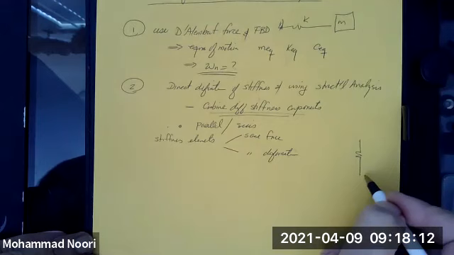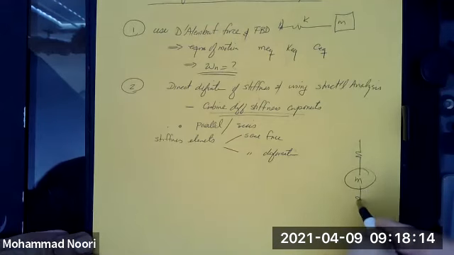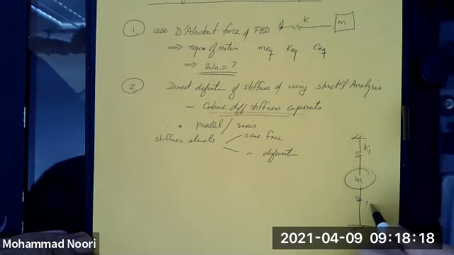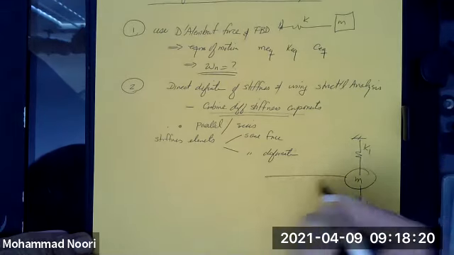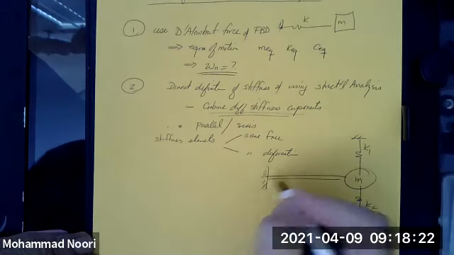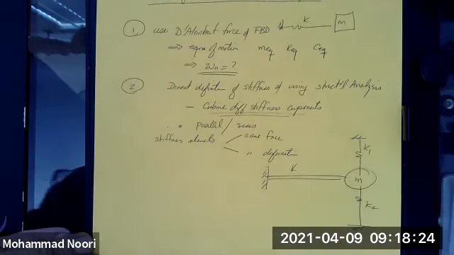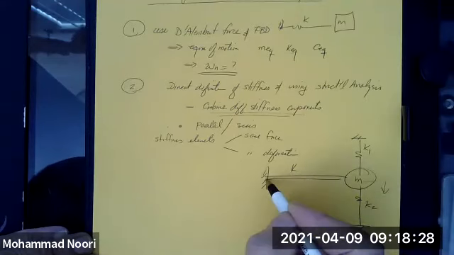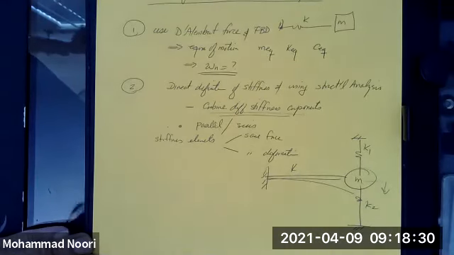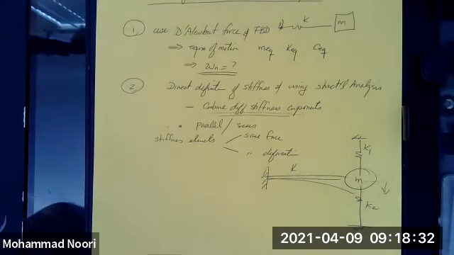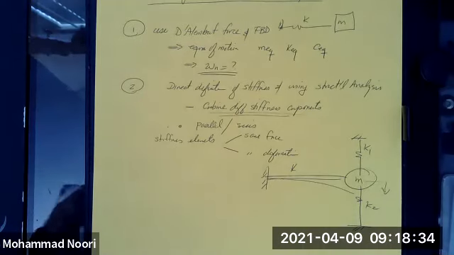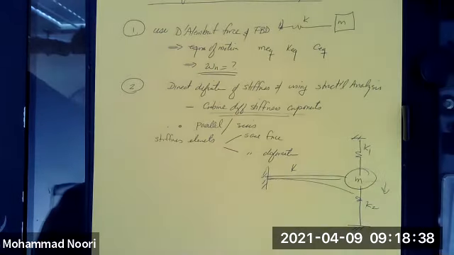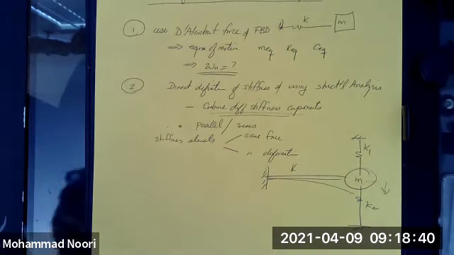Let me give you an example. Let's say you have a mass attached to two springs like this, K1, K2, and a beam here, which represents another spring. When this mass moves, which obviously causes a deformation to this beam, what happens? The beam and these two, all of them experience the same displacement.